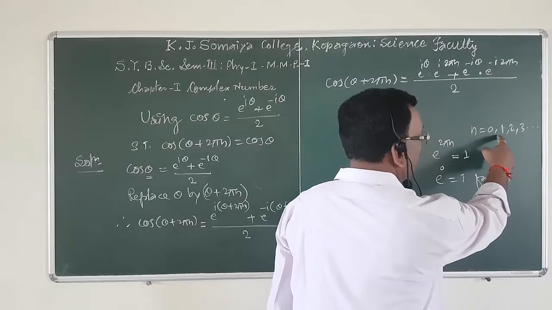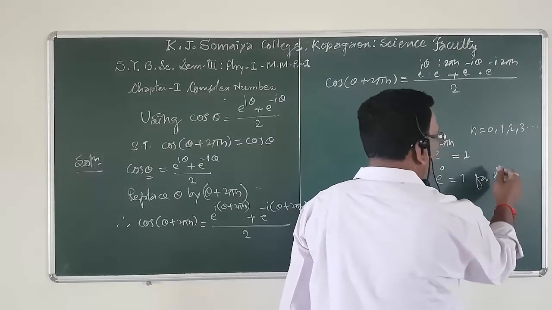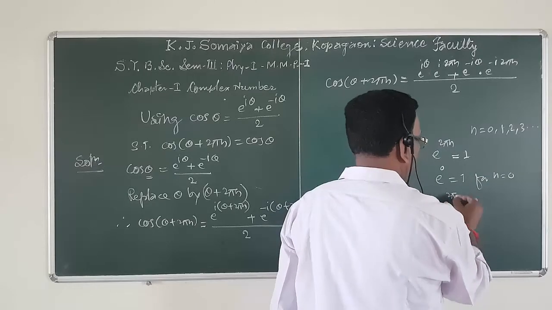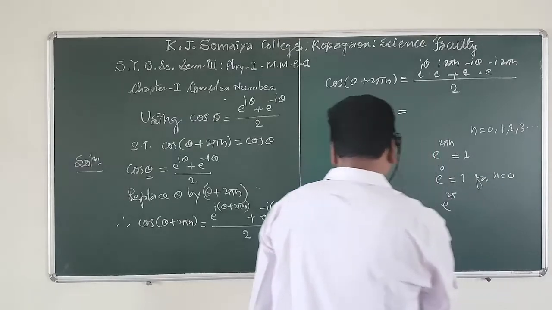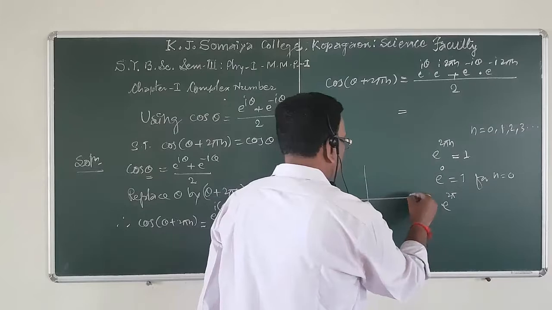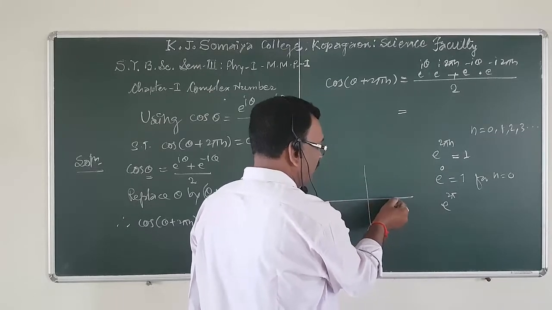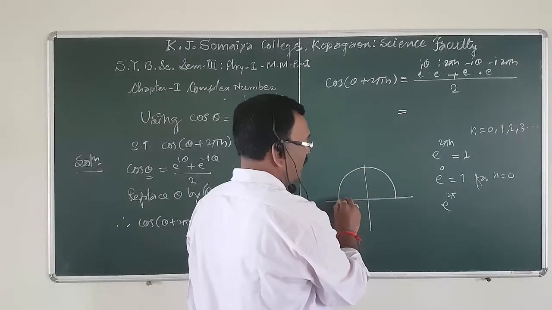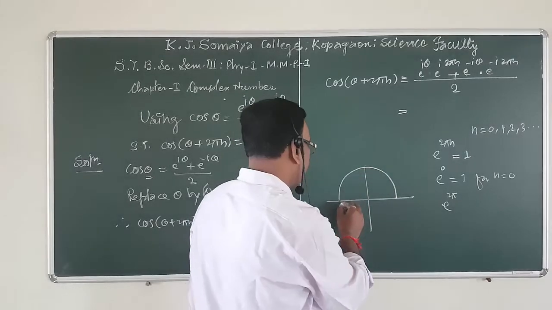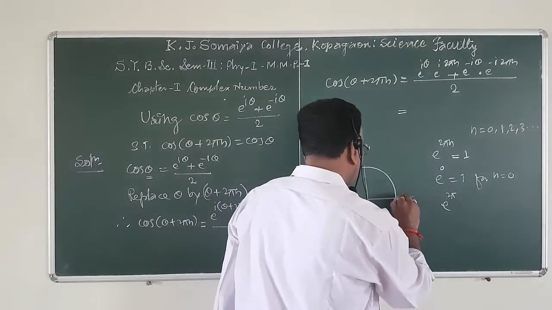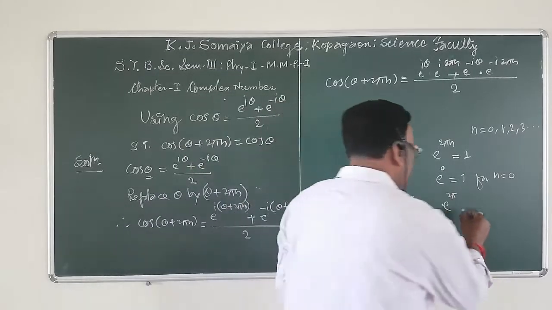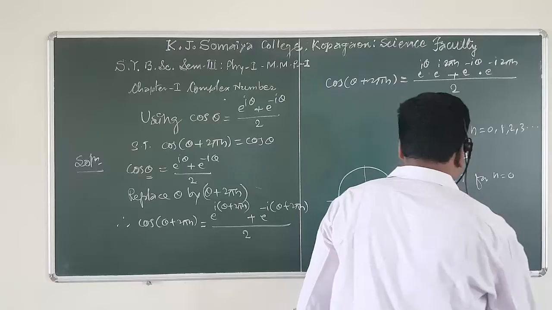If we substitute n equal to 1, then e^(2 pi). And 2 pi, that means in an Argand diagram, if we start from this point and reach here, we have the value of pi, and again from this point to this point, that is 360 or 0. Again, the value of this is equal to 1.